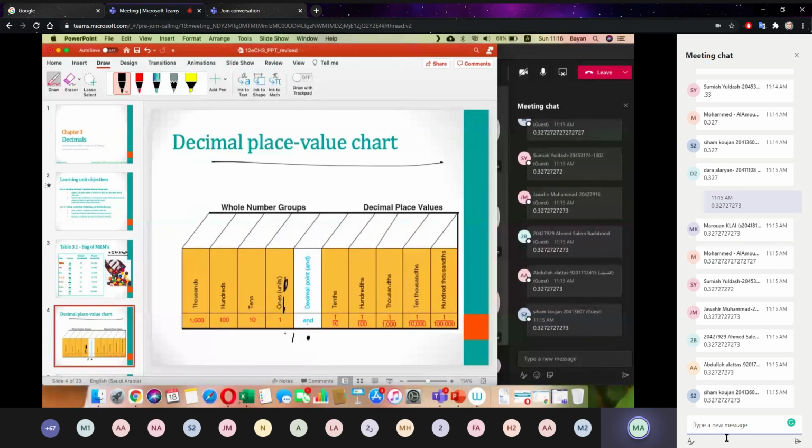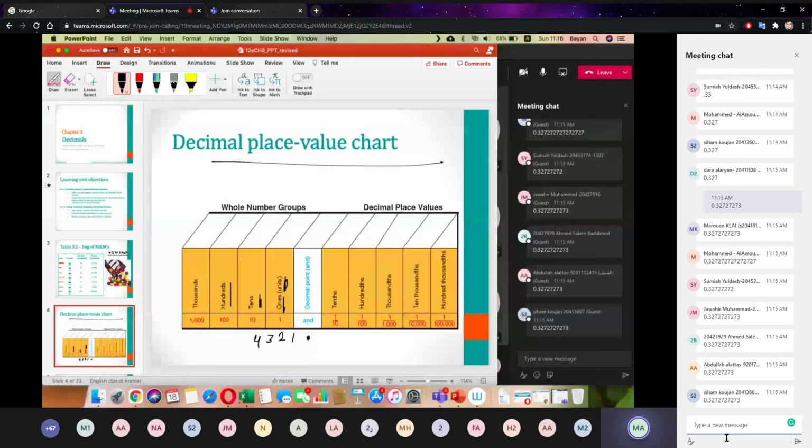The second value, we call it tens. Third value in the left, we call it hundreds. Fourth value in the left, we call it thousands. This is the value on the left: ones, tens, hundreds, and thousands.